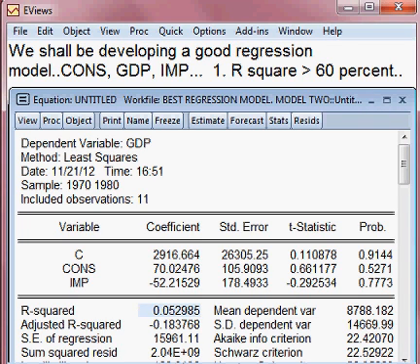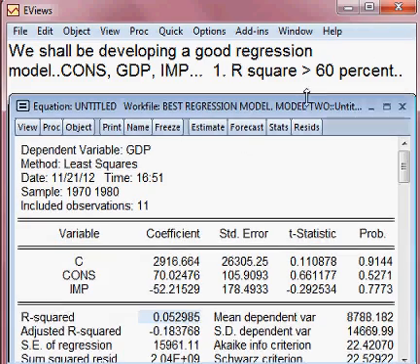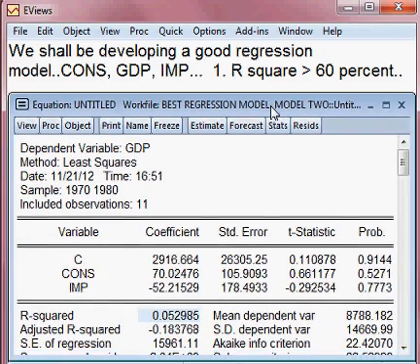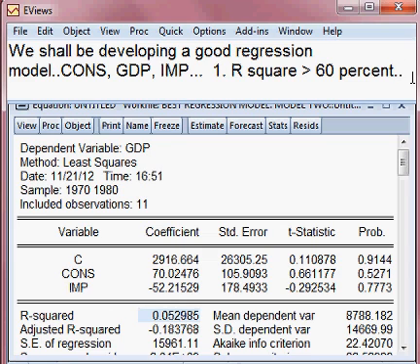Just 1 minute. Here the value of R square of our model is 5.29%. That is the value of R square.